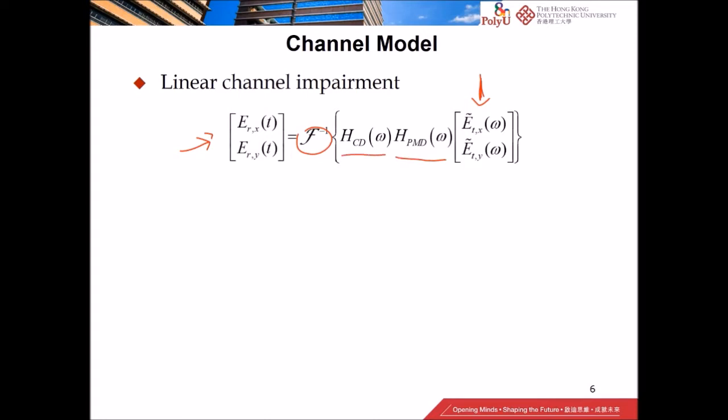Now, we will not talk about fiber nonlinearity, because in the length scale of short reach systems, there is not much fiber nonlinearity. There are some works that show if you have very high transmitter power, there is still some fiber nonlinearity, but for simplicity, we will not go into that detail in this presentation.